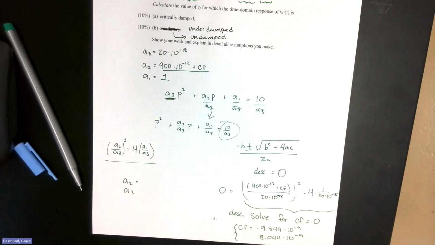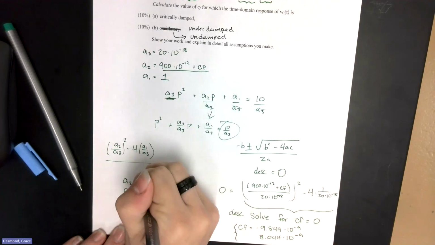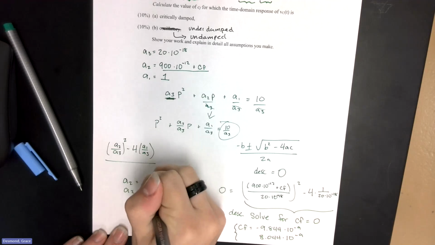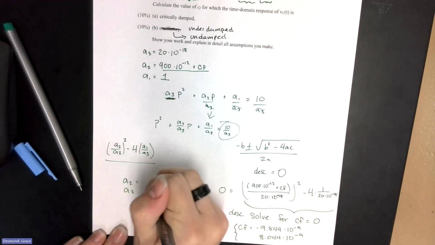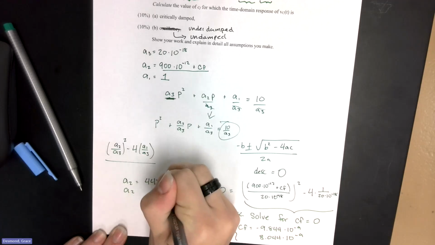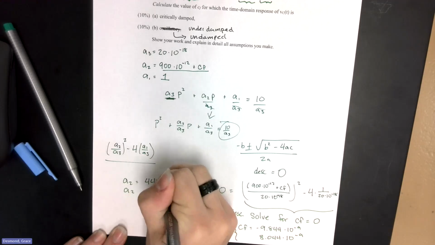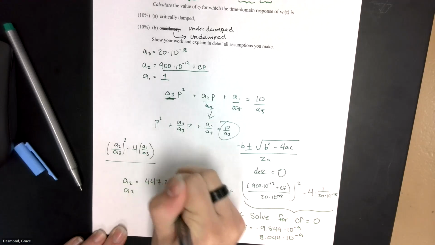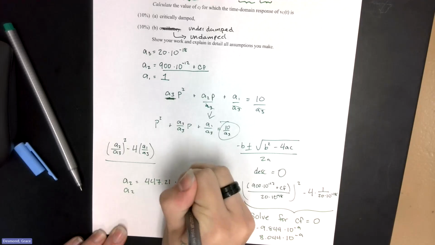And then, for ease of calculator, when it's 8.044, A2 is going to end up being 447.2136 times 10 to the 6.